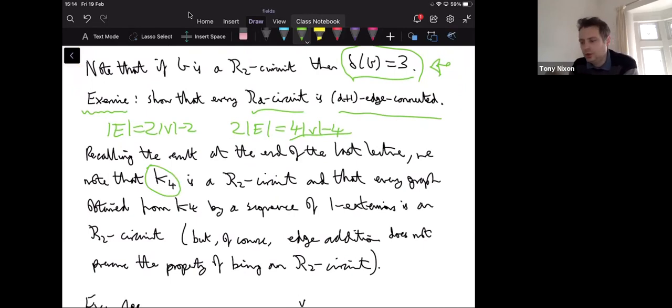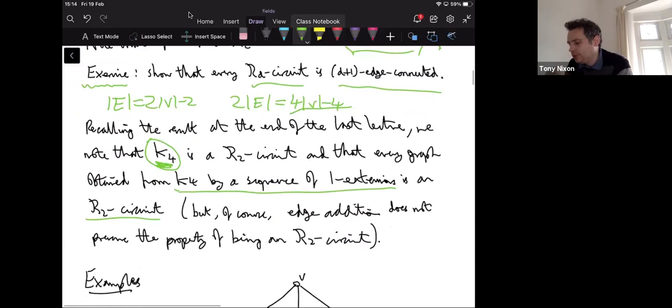It's the smallest one. So if we take K4, we showed it was globally rigid last time. Everything we get from K4 by a sequence of 1 extensions turns out to be a circuit as well, and a globally rigid one. So we're looking at the right kind of thing for our global rigidity problem, but we're in a particularly special case with circuits.